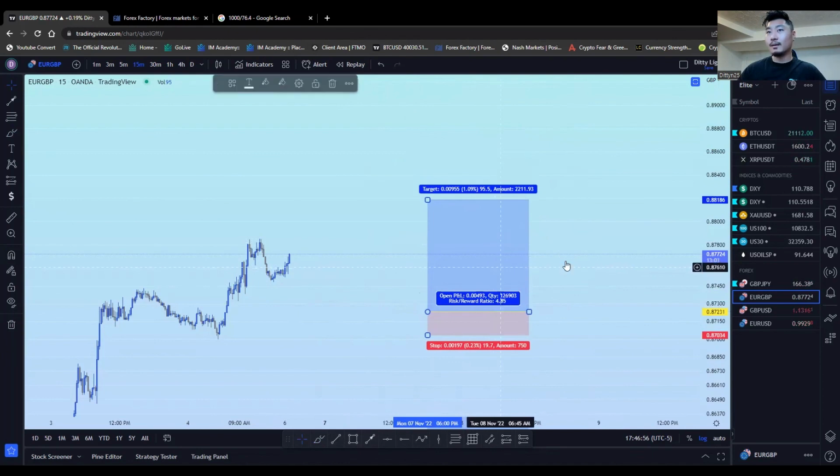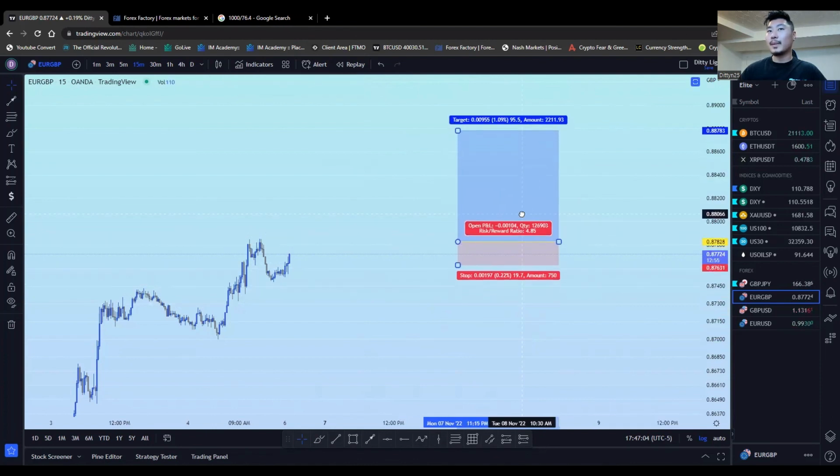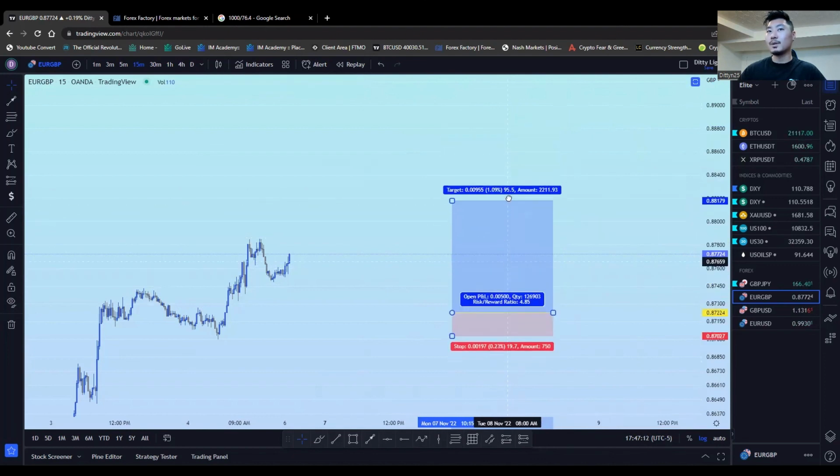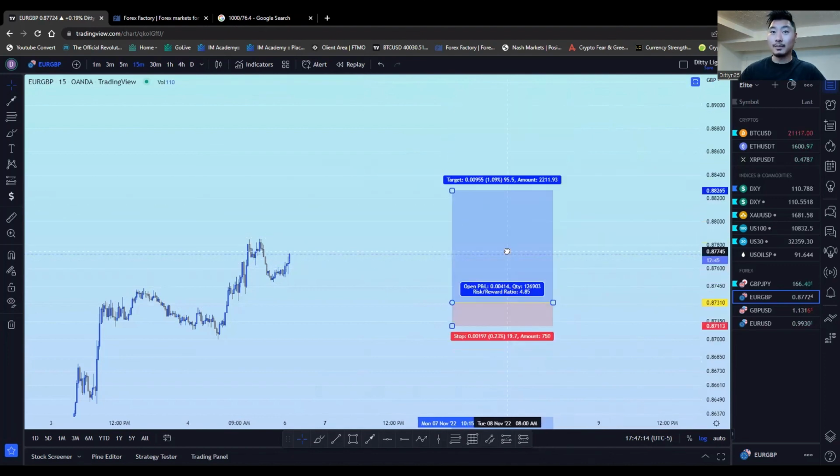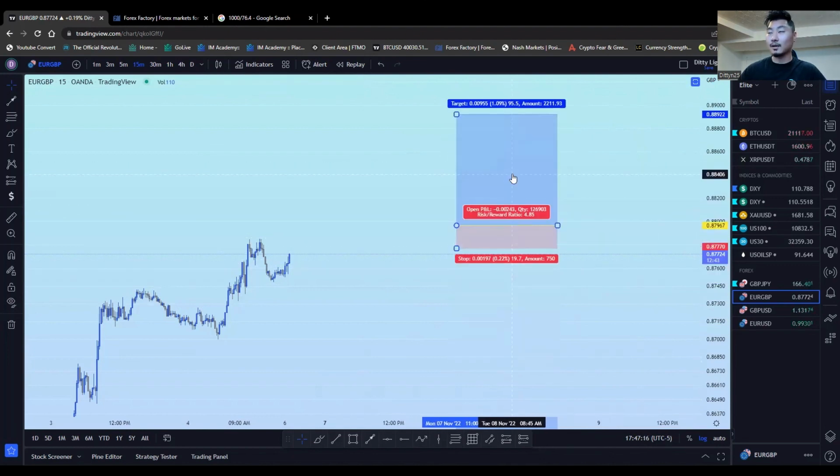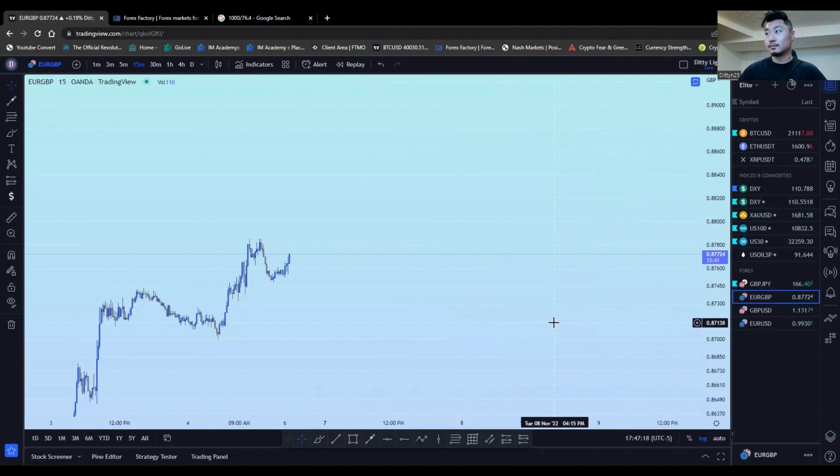Buy limit, why? Because my execution is below the actual price. Buy stop, why? Because my entry price is above the current price. So buy limit, buy stop. That's it.